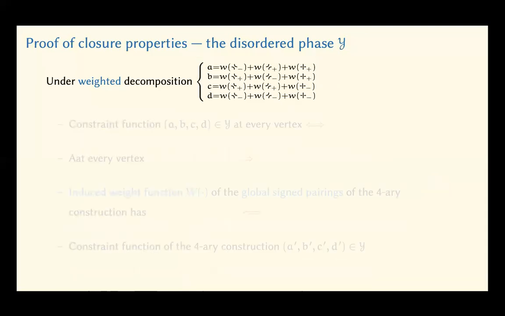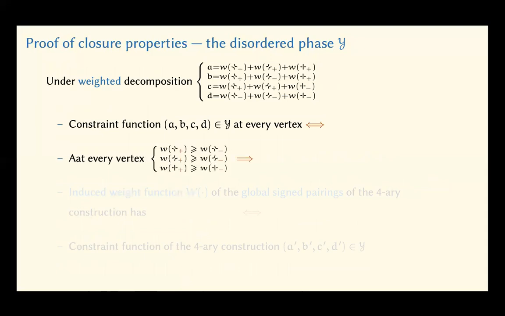For the second closure property, we still use the same weighted decomposition. This time, the constraint function being in Y at every vertex means that at every vertex, sorry for the typo, the weight of a pairing with a plus sign is not less than the weight of exactly the same pairing with a minus sign.